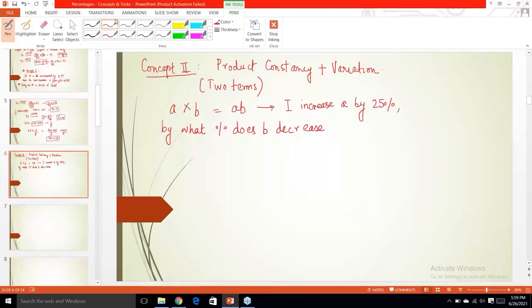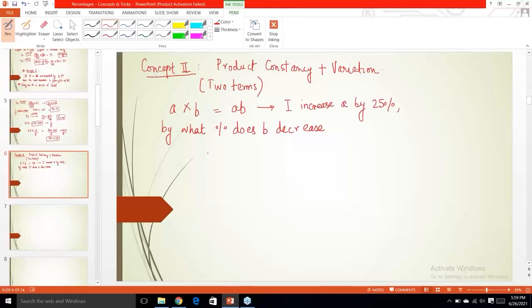Now there is a formula for this. I would suggest don't use that formula, because the formula is valid only in the case when product constancy happens. When I talk about a variation of this, that formula will go away. So just try to understand the concept. First, we'll talk about the fundamentals of it, and then we'll see how to do it quickly.